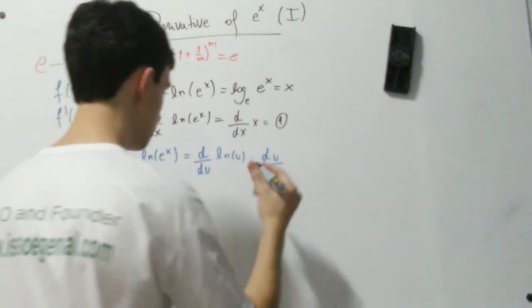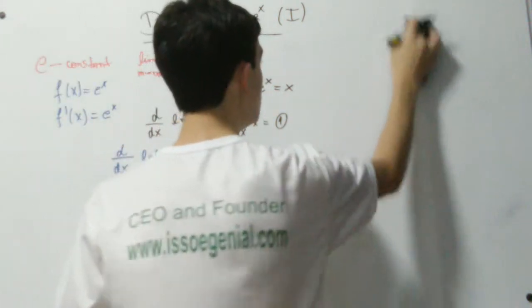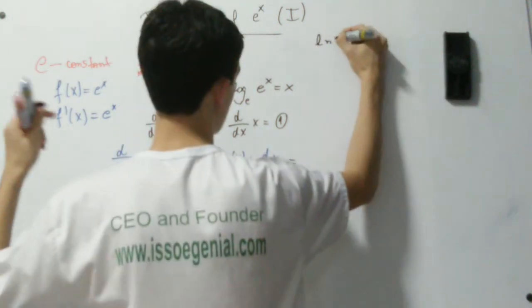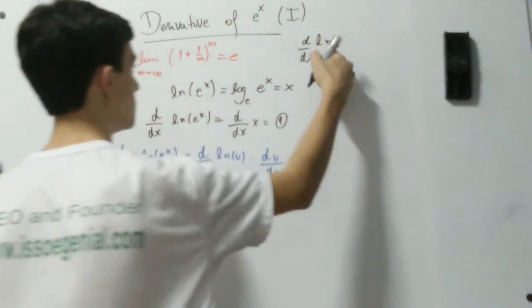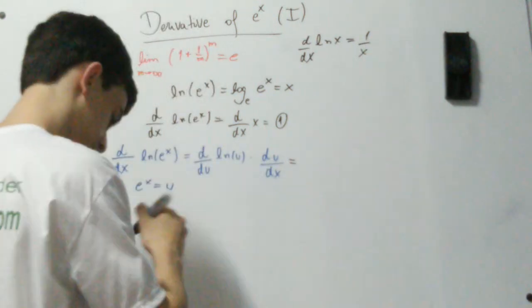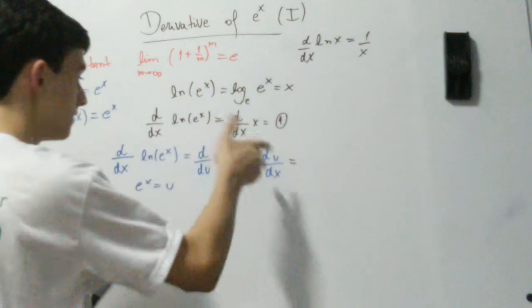So, continuing here, let's remember, if we have a function, for example, natural log of x, and we take the derivative with respect to x, this is equal to 1 over x. This derivative is very famous, and I'm going to use it here.